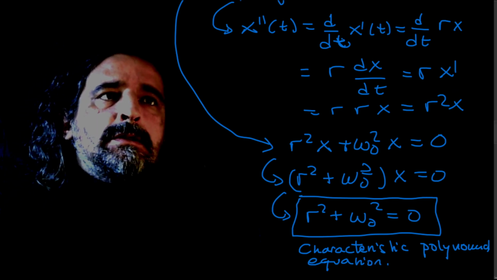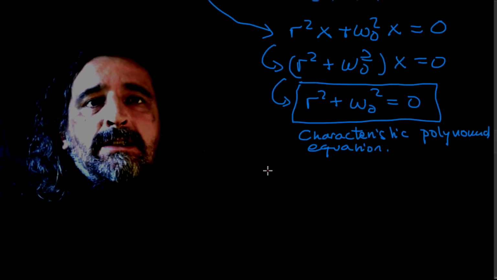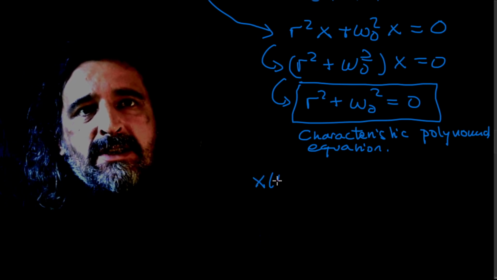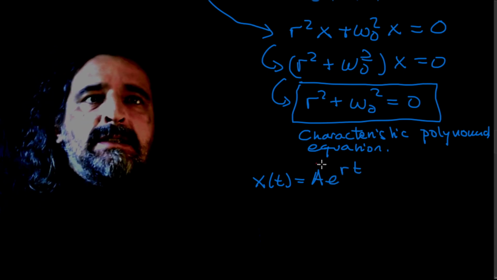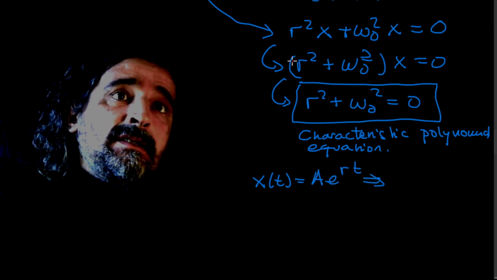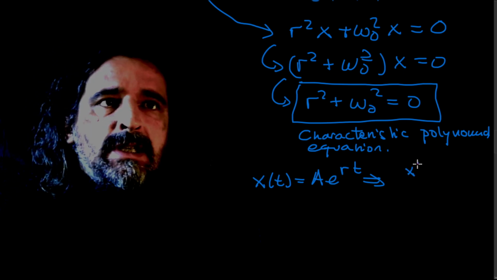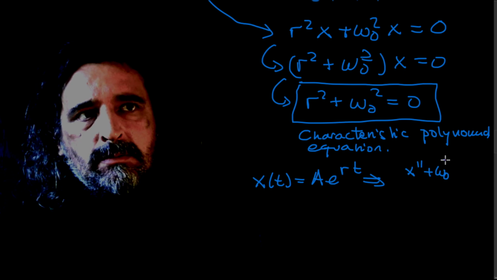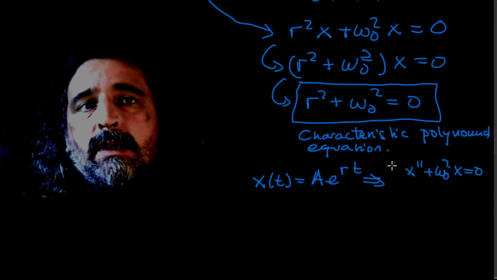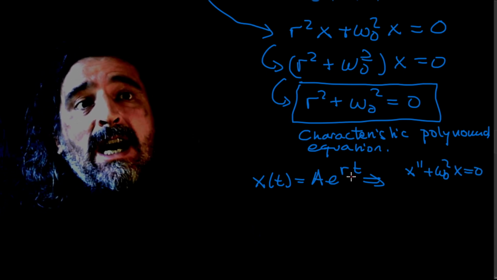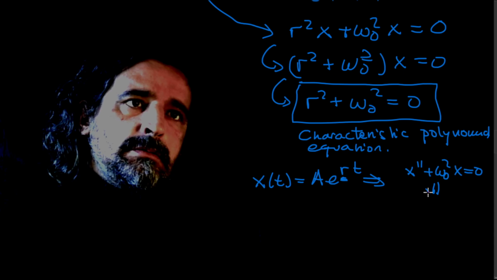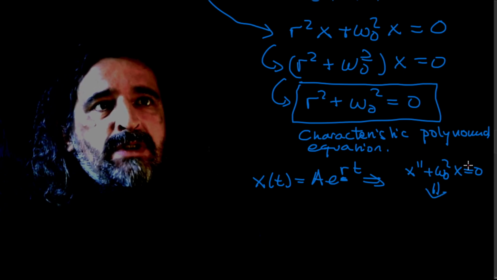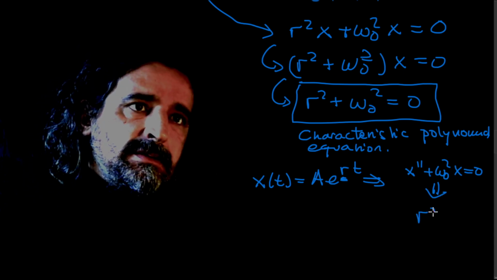What we learn is the following: if x of t is equal to a times e to the rt, then our harmonic oscillator equation is satisfied provided that r satisfies this equation.